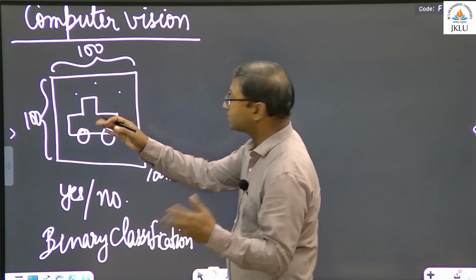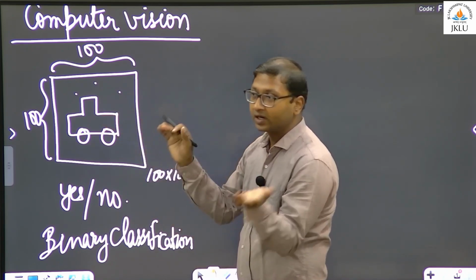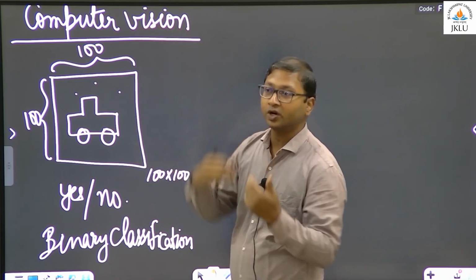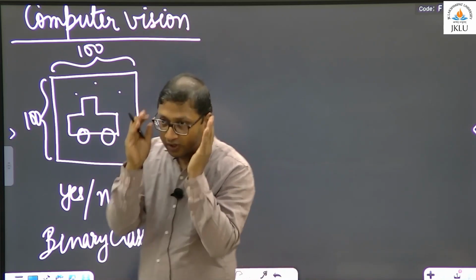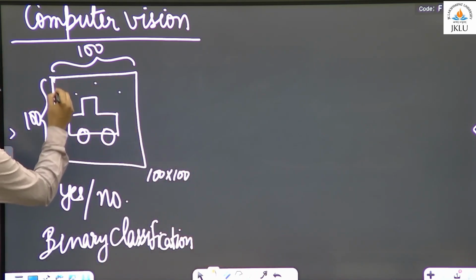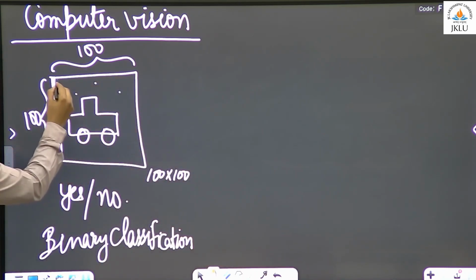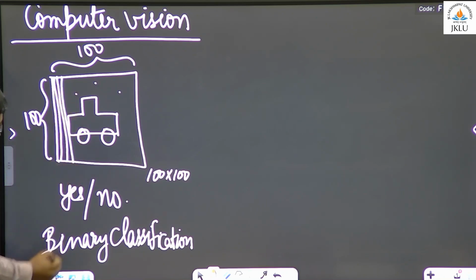Otherwise, neural networks don't care what your x1 is, what your x2 is. It is for us: I'll keep this, and then the second column and then the third column, and stack them over each other.